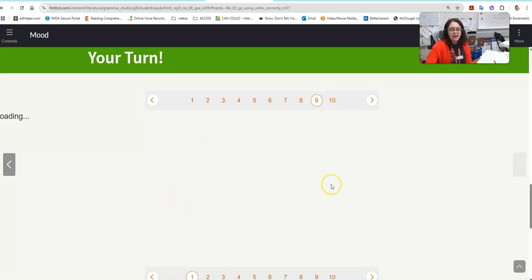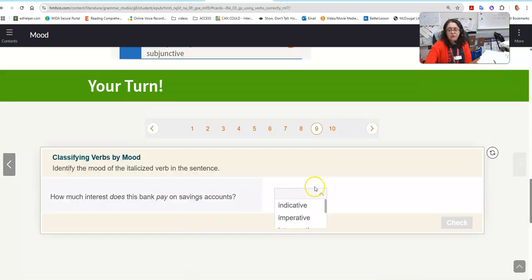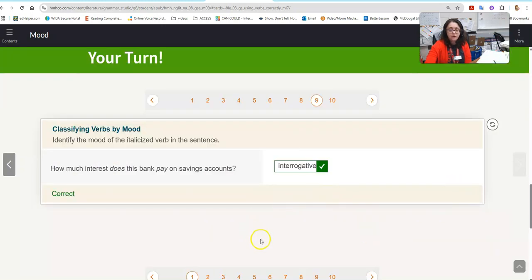Alrighty then, number 9. How much interest does the bank pay on savings accounts? So it has a question mark, so they're asking a question. And I don't see anything that would make me think it was subjunctive or conditional. All right, so if you thought that it was interrogative, you were correct. All right.